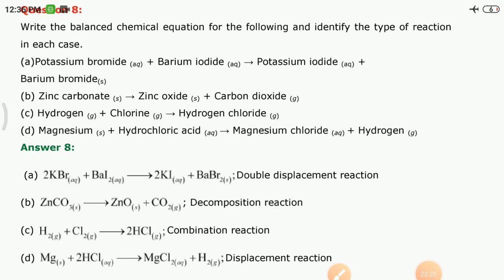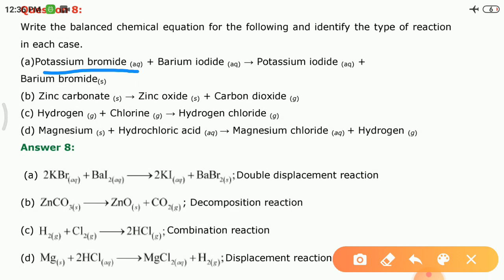Question number 8 is, write the balanced chemical equation for the following and identify the type of reaction in each case. Potassium bromide aqueous. Potassium bromide formula is KBr(aq). Then barium iodide.